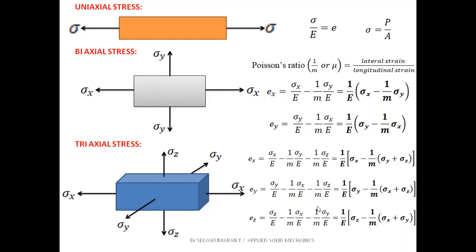Similarly, Ez is equal to sigma z by E, which is the longitudinal strain in z direction, and sigma x and sigma y becomes the lateral strain. Taking E outside, you can simplify to 1 by E into sigma z minus 1 by m into sigma x plus sigma y.